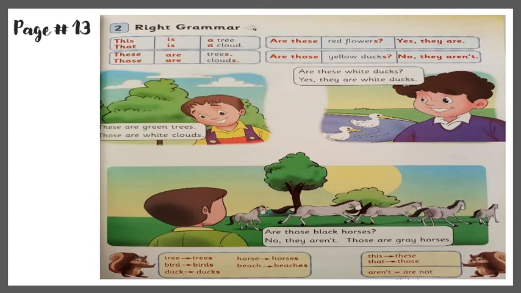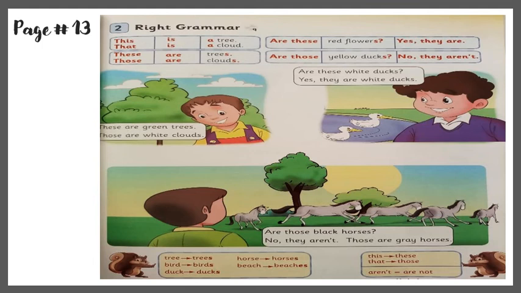Okay, now let's see. On the previous page, page number 12, we learned the use of this and that. Now we will discuss these and those. We will replace this with these, and that with those. We use this and that for singular, and these and those for plurals.